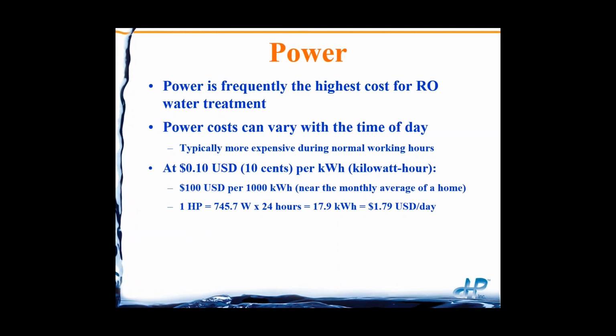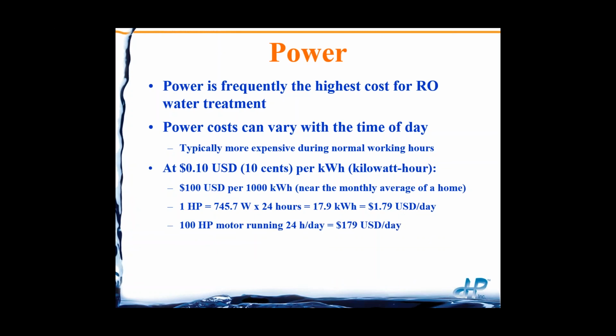Well, 1 horsepower, if we're talking motors, is 745.7 watts. So times 24 hours, you have 17.9 kilowatt hours. And at 10 cents a kilowatt hour, that's $1.79 per day. You say, well, okay, $1.79 per day, that's not much.